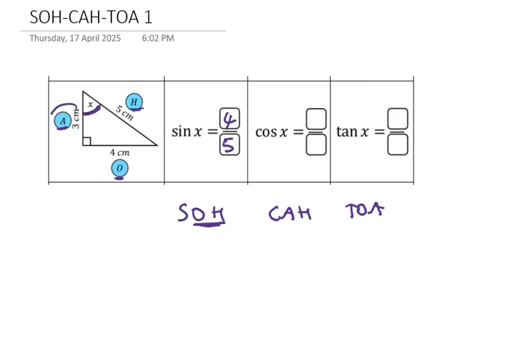Cos of x is the adjacent over the hypotenuse, so it's going to be 3 over 5. And tan of x is the opposite over the adjacent, so it's going to be 4 over 3. Okay, and we're going to get really used to doing that. So we're always going to have a fraction for sine, cos, and tan of an angle.